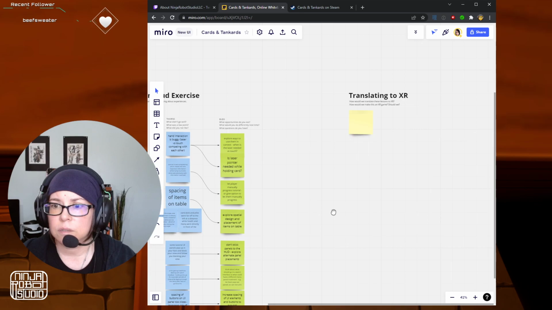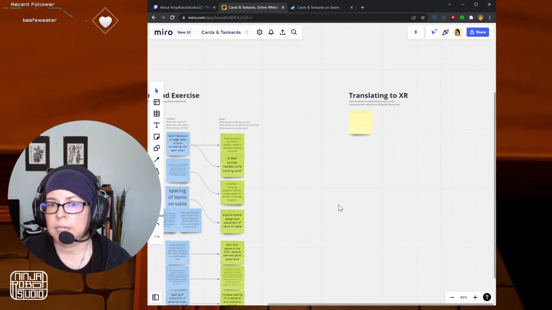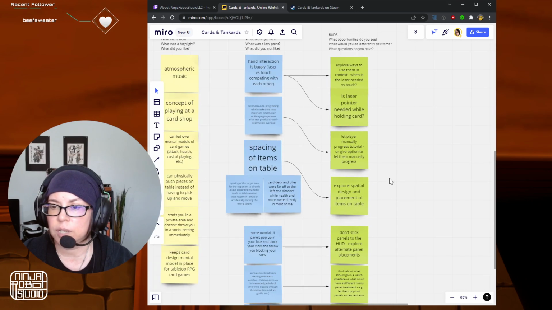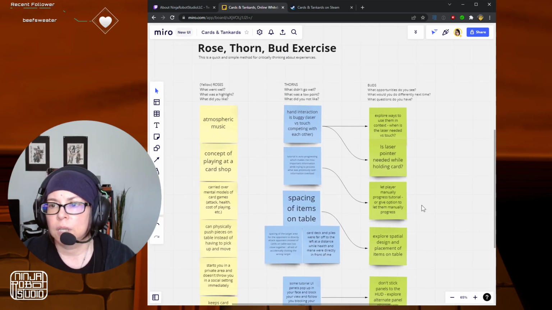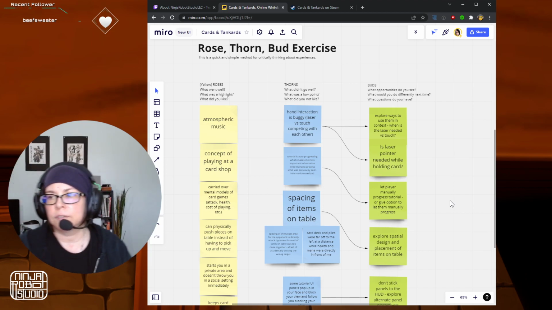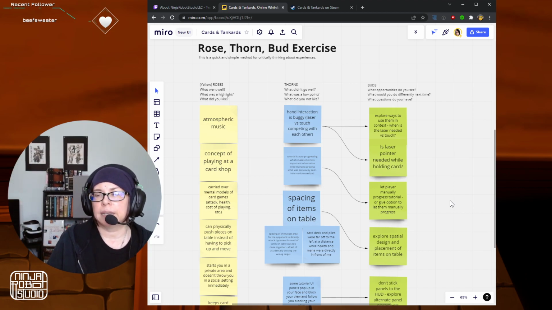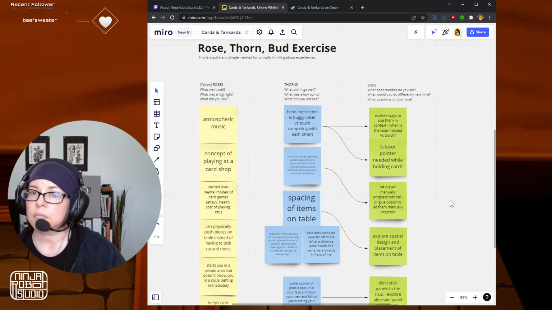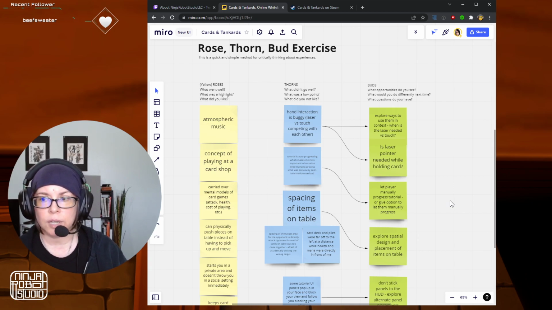But so we don't really need to talk about translating this to XR because it's already an XR game. But if you wanted to think about the future of how we live and it becoming ubiquitous might end up being in the mixed reality space, that's what a lot of people are thinking. So then you could think about that. How would this translate into a mixed reality game?